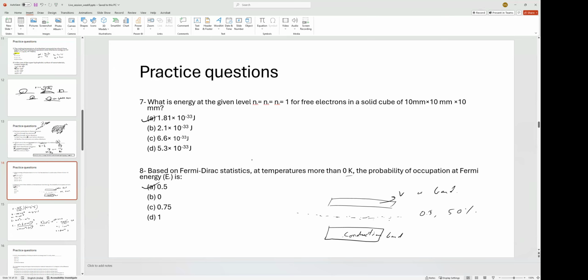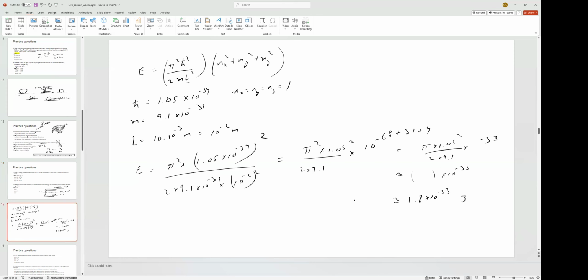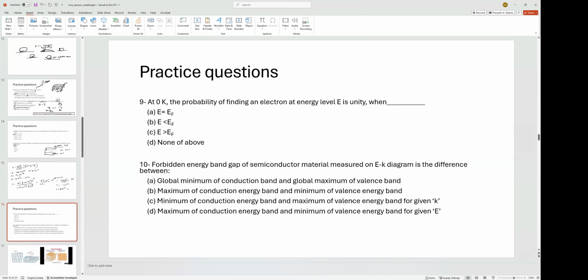Okay, this is wrong. This is not the valence band, this is opposite. This is the conduction band, and this is your valence band. Once an electron jumps from the valence band to the conduction band, it is free to move around. At 0 K, the probability of finding an electron is unity, 1.